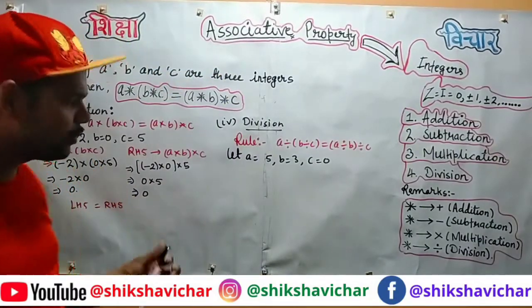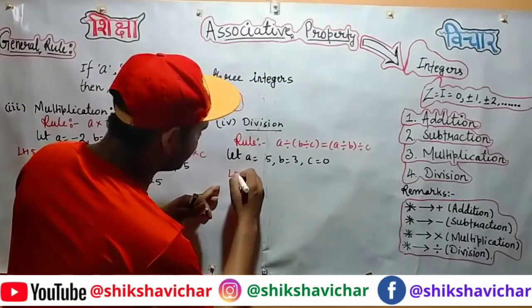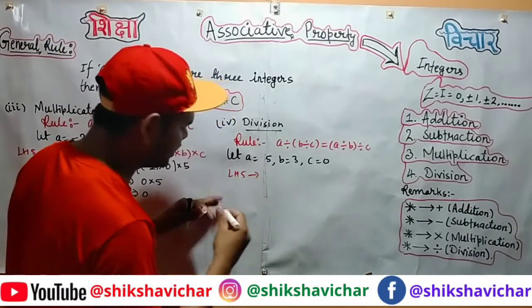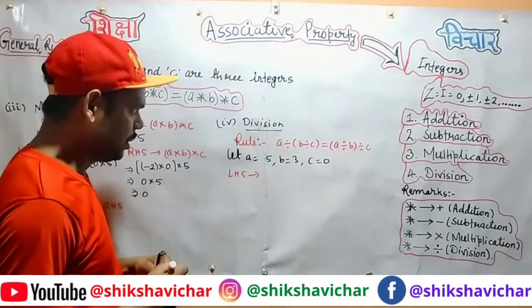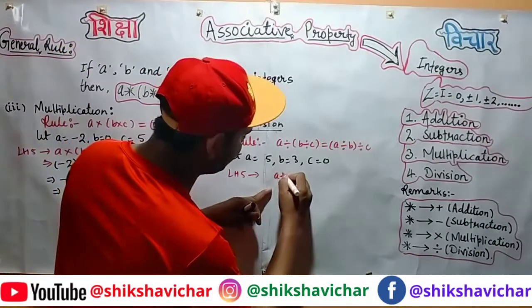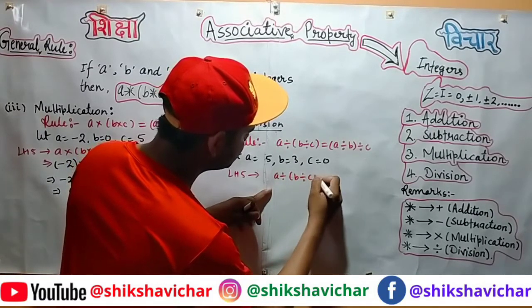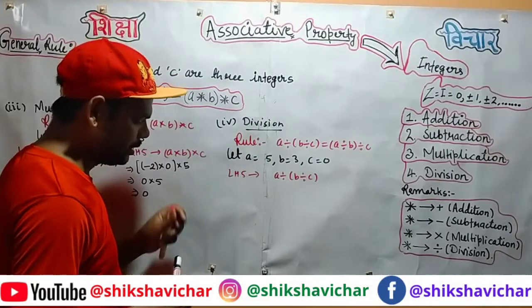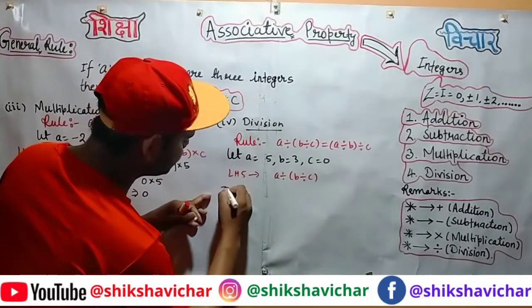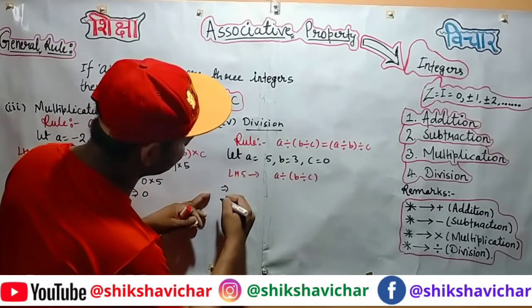Solve it. First of all we will solve the left hand side. What will the result become? The left side is A divided by (B divided by C). Put in the values and observe the result. What is the value of A?